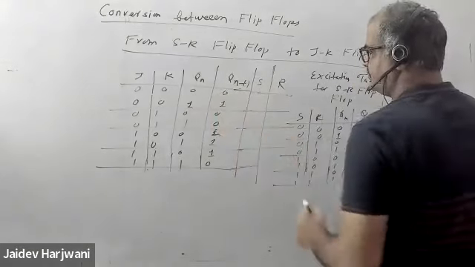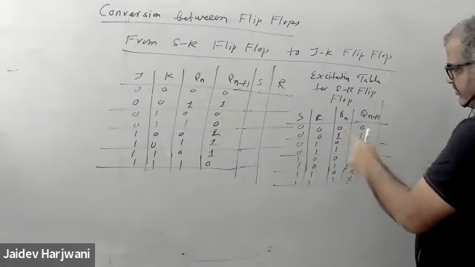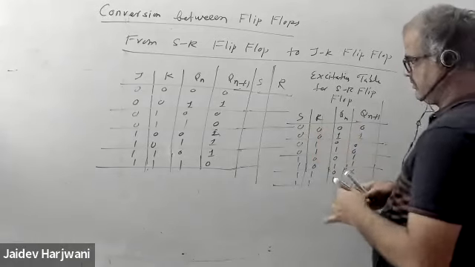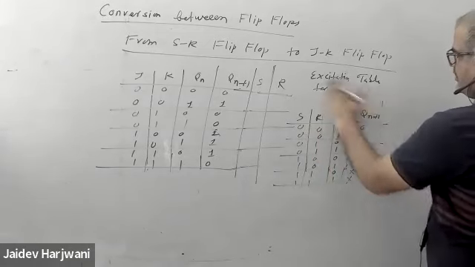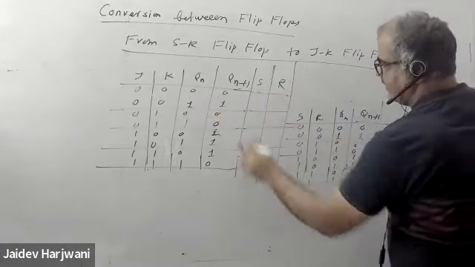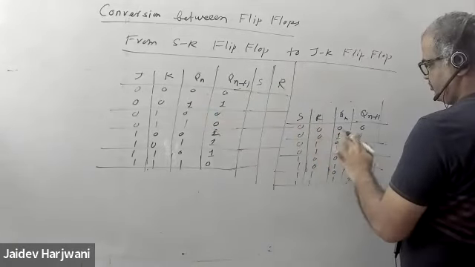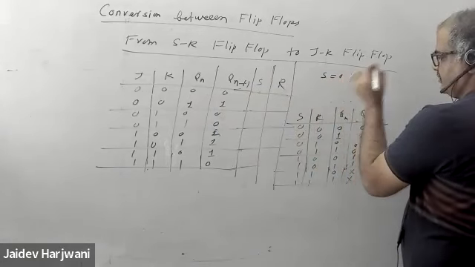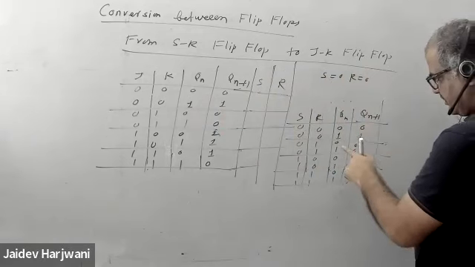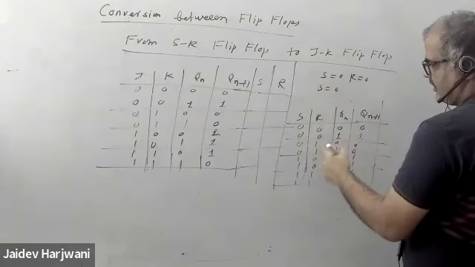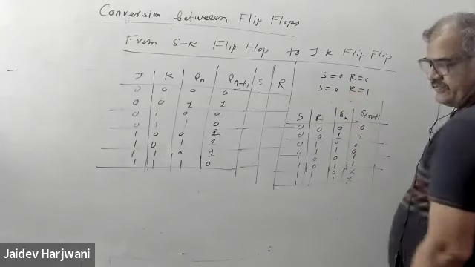When it goes from 0 to 0, S is 0 and R is 0. Just look carefully. When 0 to 0 happens, S is 0, R is 0, and it also happens when S is 0, R is 1. Clear?